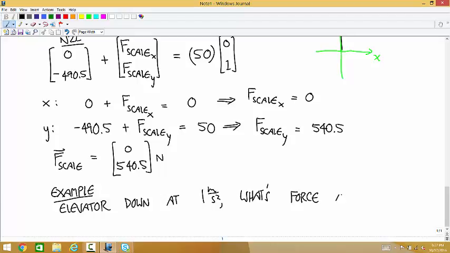And what's the force applied to the man by the scale? Okay, so see if you can work through that, compare answers to each other.